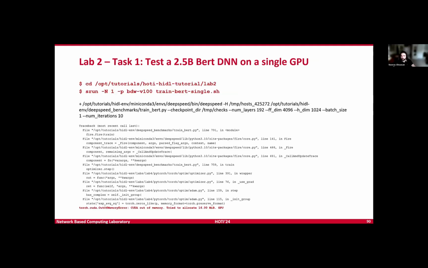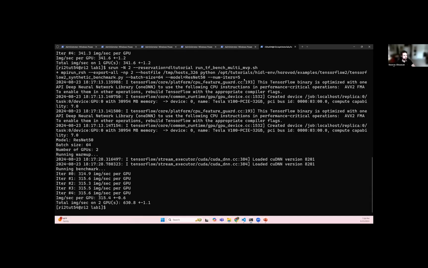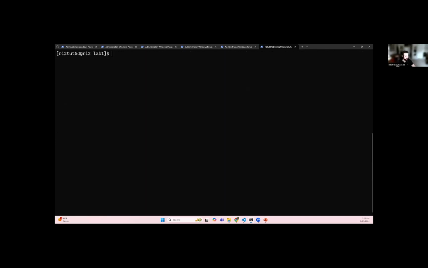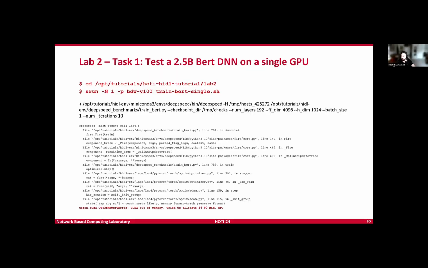Let me pull up the terminal here and zoom in. So this is lab 2. We have 2 scripts.